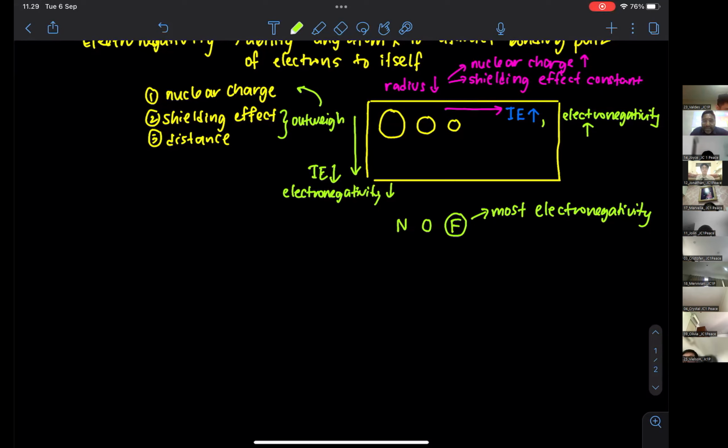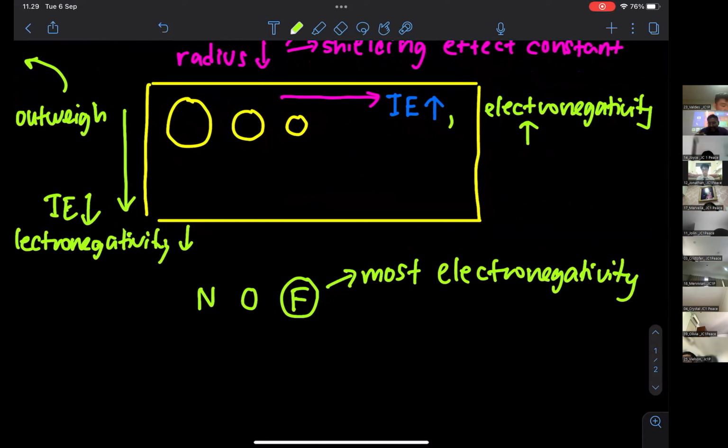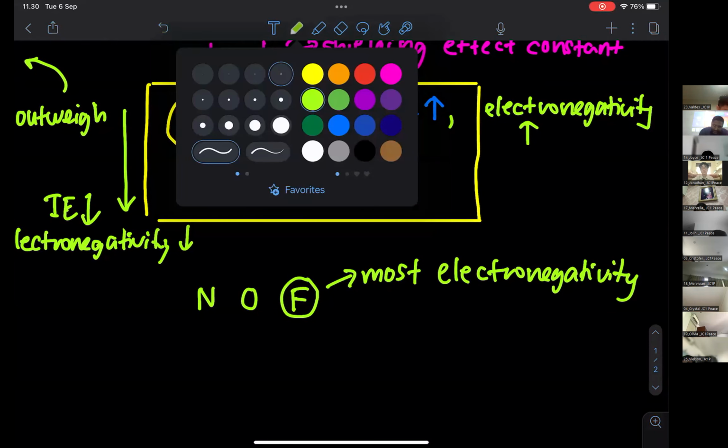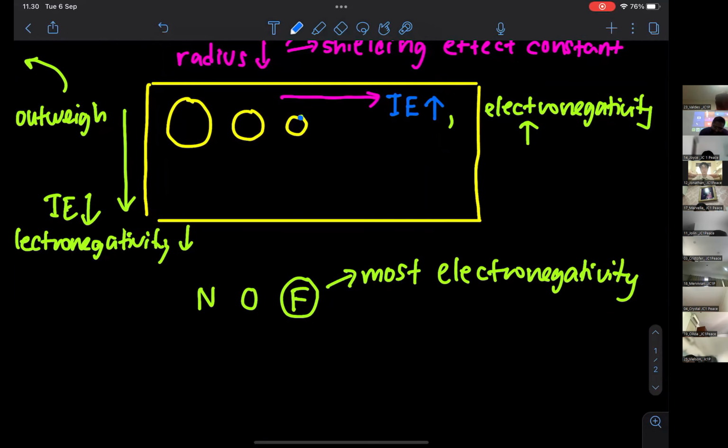So Eshana, electronegativity is the ability to attract the electron. If ionization energy is increasing, it means the atom holds its electron closer, because the nucleus is quite strong.